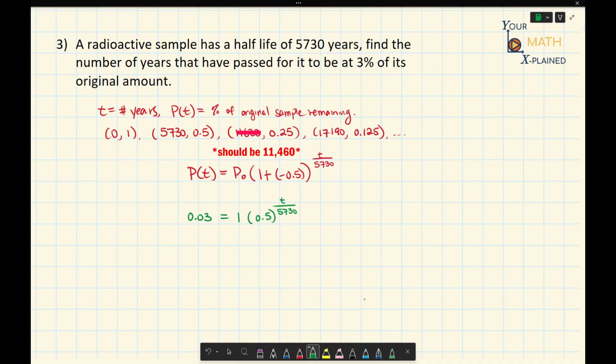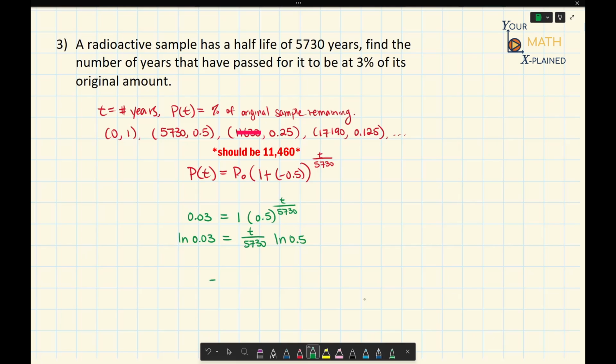5,730. Taking the natural log of both sides will give us ln of 0.03 is equal to, and we can pull the exponent down, so that'll be t over 5,730 multiplied by ln of 0.5.